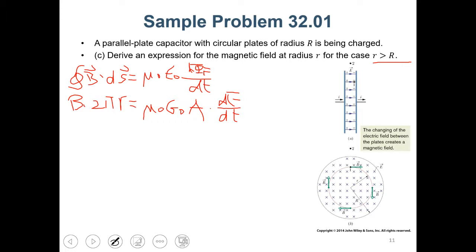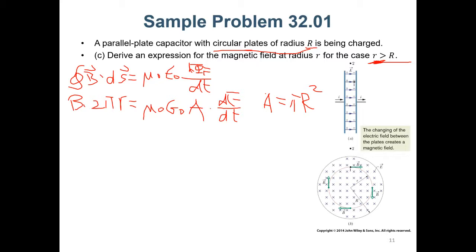This time A is pi capital R squared, because we assume the parallel plate is circular with radius capital R, so we ignore the electric field outside the plate, but we consider the magnetic field outside.